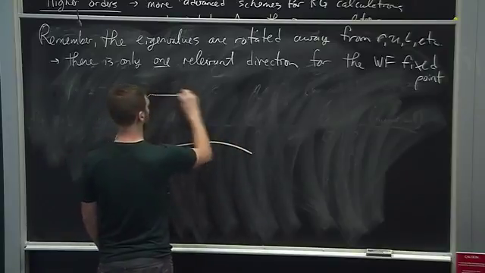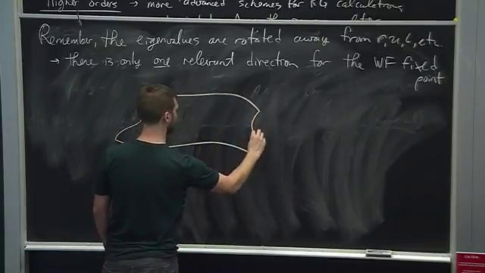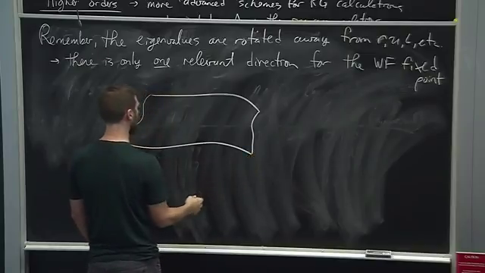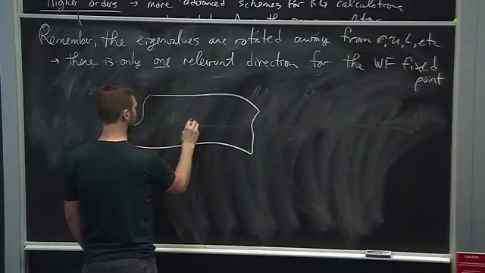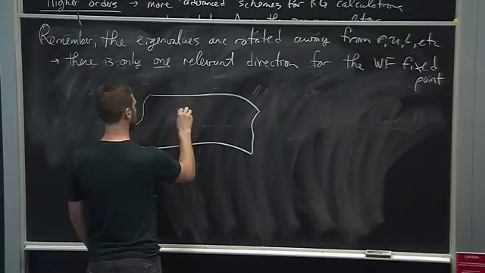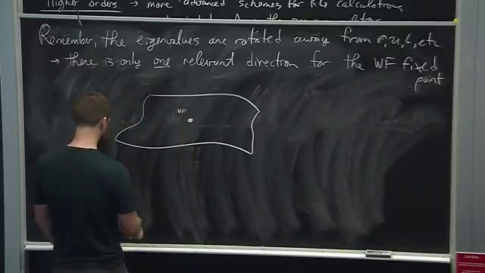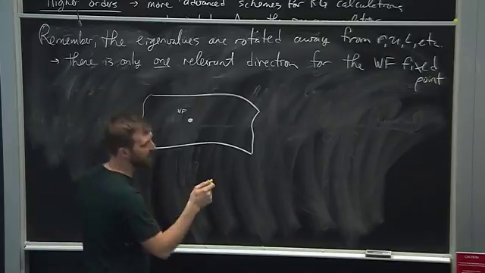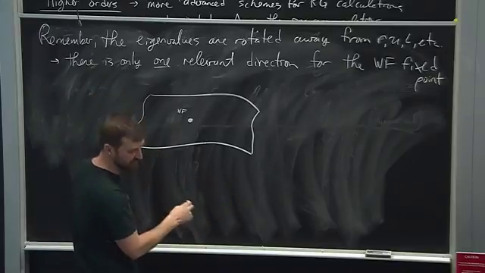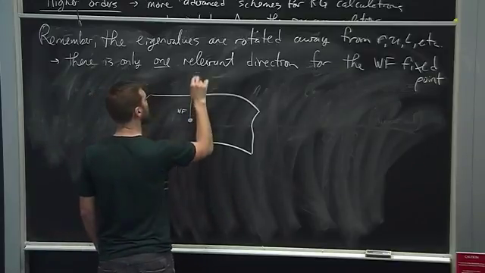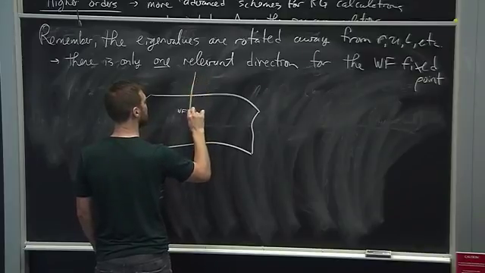That's all those other dimensions. Here's your Wilson-Fisher. You have one relevant direction because yt is greater than 0. So whatever that axis is.